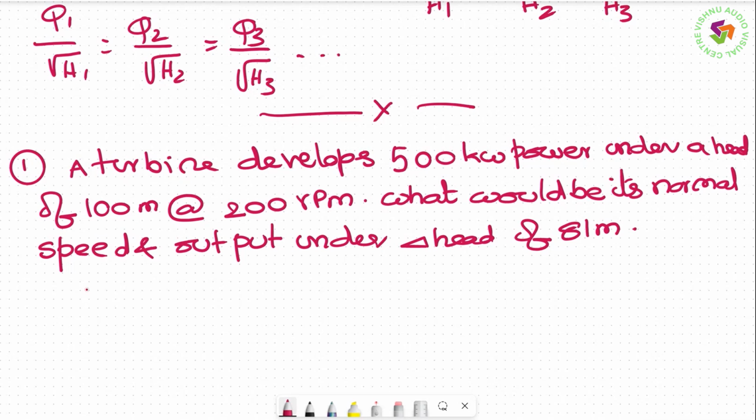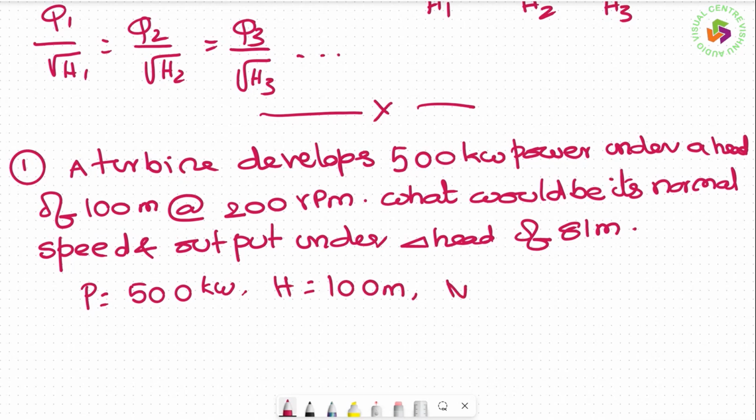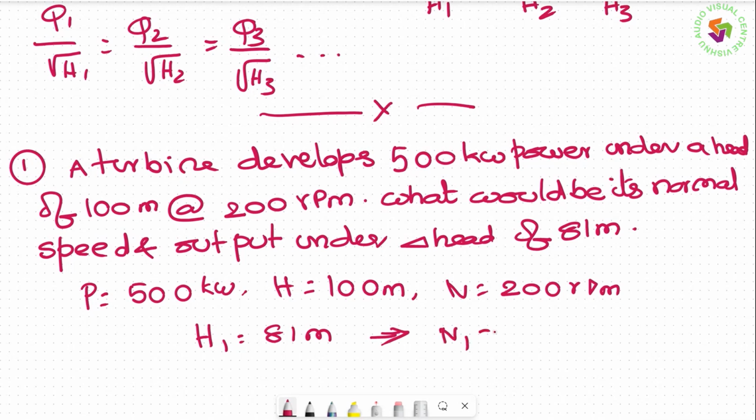Turbine develops power P is equal to 500 kilowatts. Head is equal to 100 meters. N is equal to 200 rpm. Question is, what would be its normal speed and output under a head of 81 meters? If H2 is equal to 81 meters, what is its speed N and what is its power?